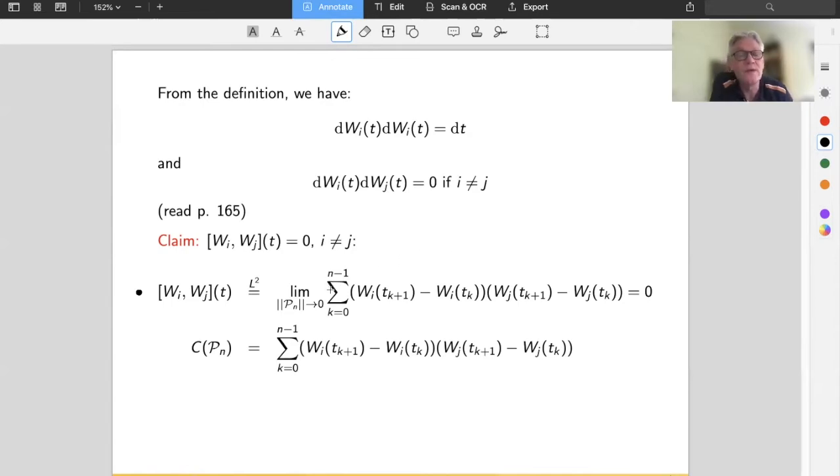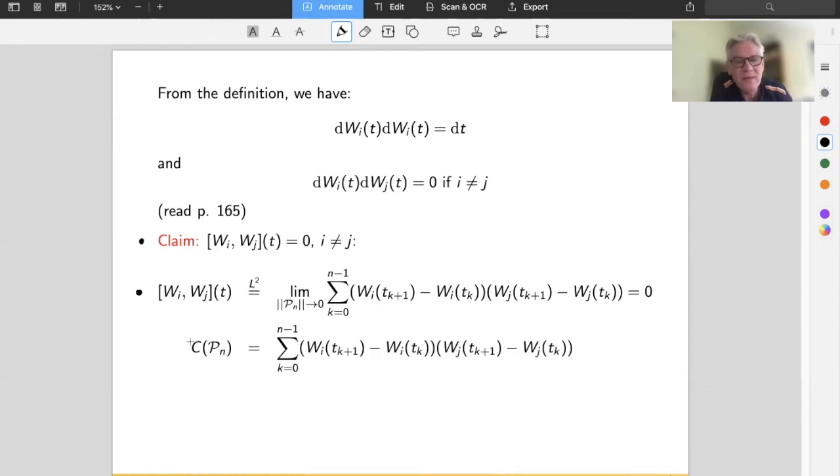And then we take the limit in L2, so the limit where the maximum size in the partition goes to 0. The claim we make here is that the cross variation, taking the limit in L2, is equal to 0. What do we mean with that?